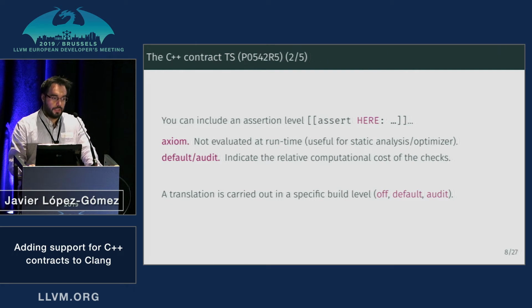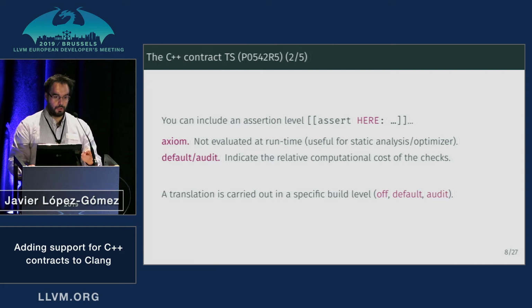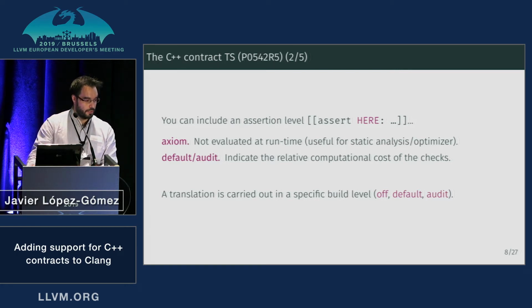Currently, we have three levels. One is the axiom level, which is used for checks that are not evaluated at runtime. This is useful for static analysis tools or for hinting the optimizer, telling the optimizer that this predicate is going to be true at that point. So the optimizer can act upon that condition.